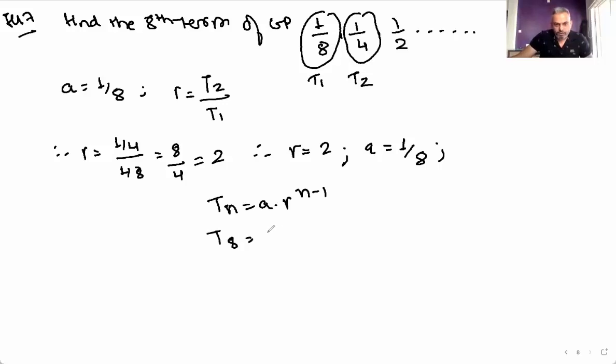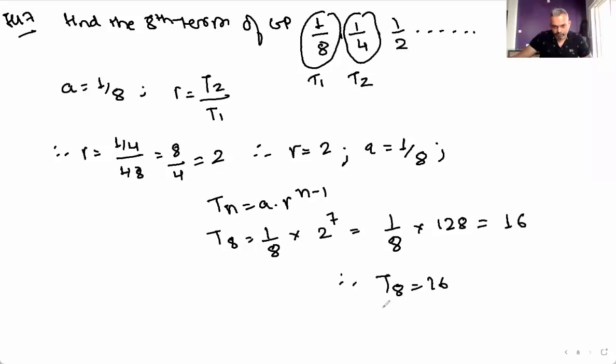T8 is equal to 1 by 8 into R, which is 2, raised to 8 minus 1, which is 7, equal to 1 by 8 into 2 raised to 7, which is 128 by 8, equal to 16. Therefore, T8 is equal to 16. Answer.